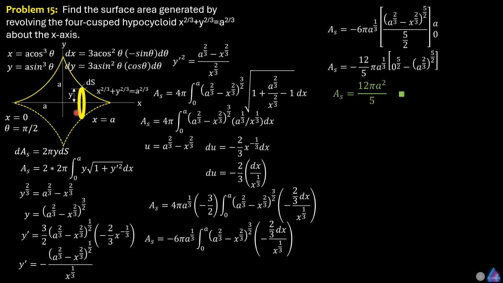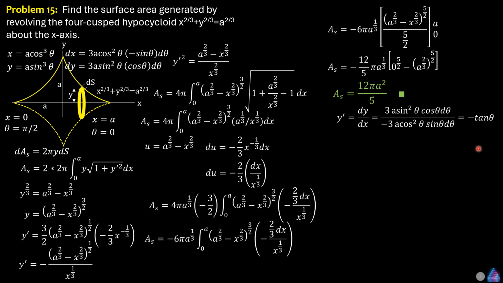So x is a, theta is 0. Those are the limits. So y prime is equal to dy dx, 3a sine square theta cosine theta d theta over negative 3a cosine square theta sine theta d theta. And if you simplify that, cancel everything, you have sine theta left in the numerator, cosine theta left in the denominator, then negative, so negative tangent theta.